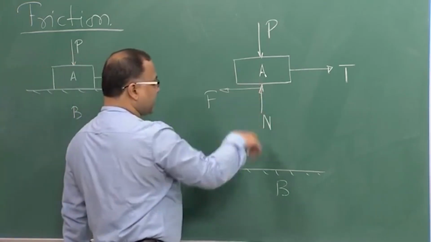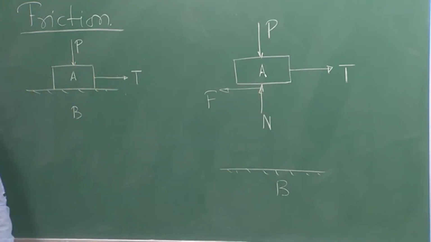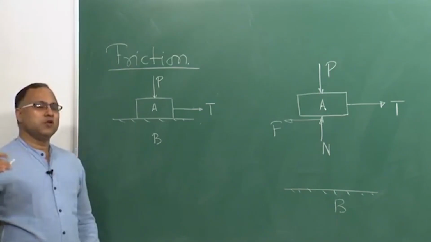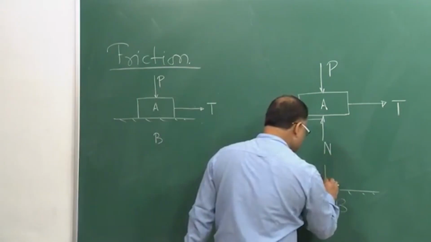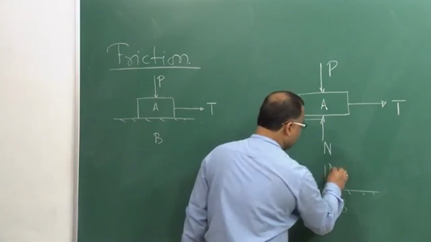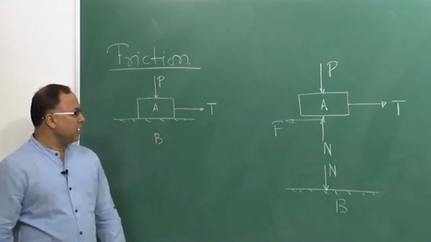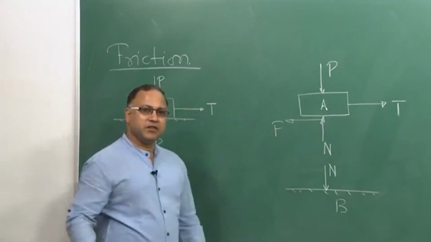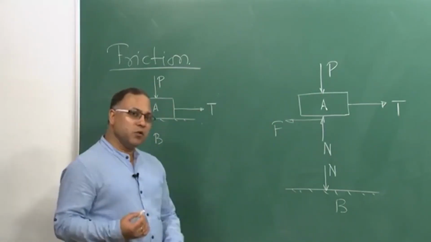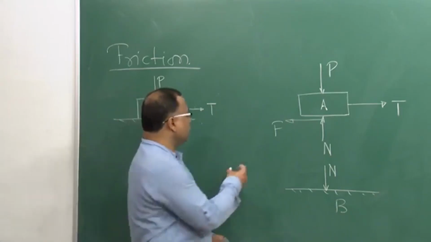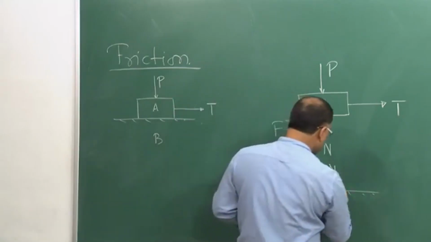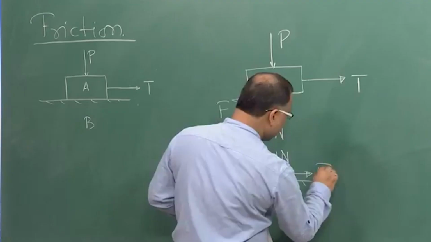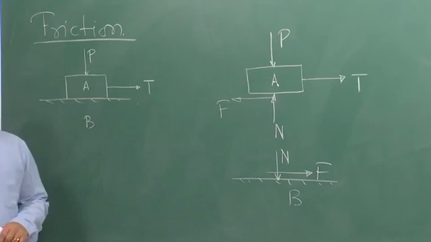This N is the reaction developed at the interface, because block A is resting on surface B. So, you will get an opposite and equal action on surface B, and the F force, that is the frictional force, is acting at the interface between block A and B. F is acting in the opposite direction of the movement of block A. So, you will get a force F which will act like this.